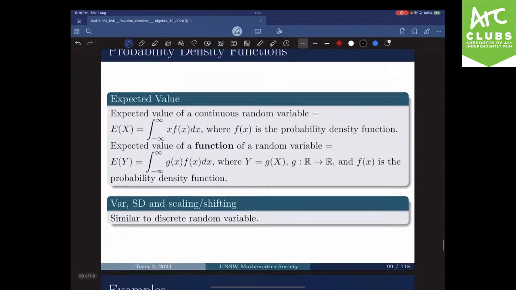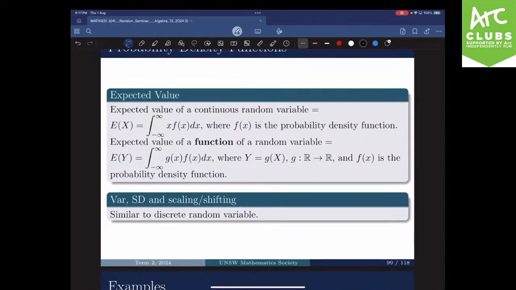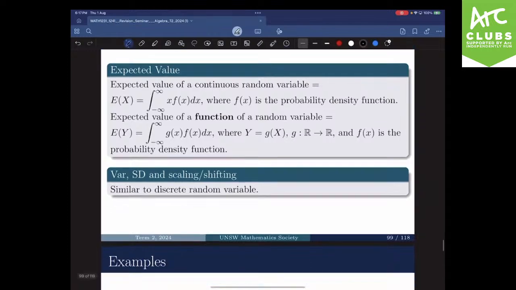Similarly to before, for the expected value of a function of a random variable, instead of x, we take that x and evaluate it through my new function first. So g of x, I evaluate it there first, multiply it by my probability density function, and then take the integral from negative infinity to infinity. Variance, standard deviation, and all of this scaling and shifting work the exact same way as for my discrete random variable.